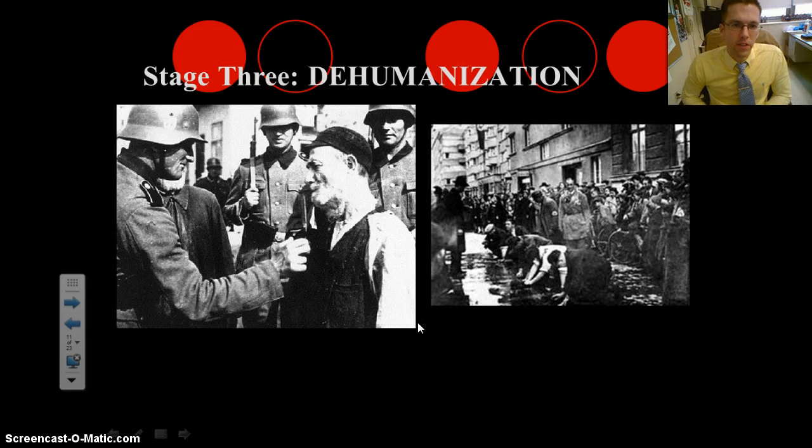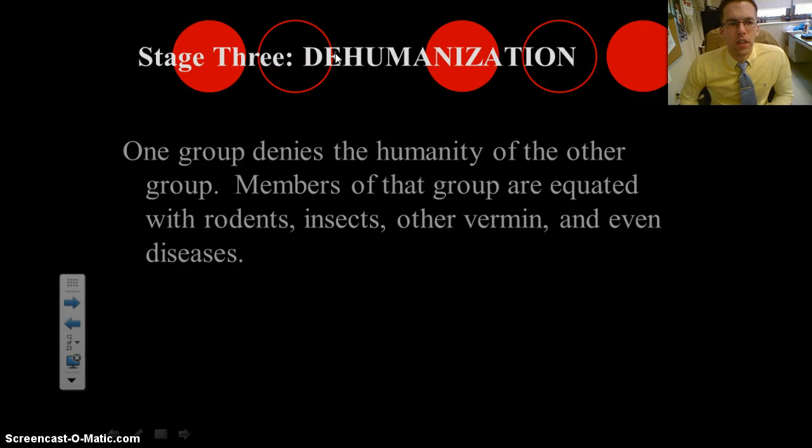And then the dehumanization. If you look at the prefix de, it's removing or getting rid of. We'll see this in Nazi Germany and a lot of the other genocides, when the humanity of the targeted group is almost denied. They're seen as rodents and insects and parasites, the cancer of society.